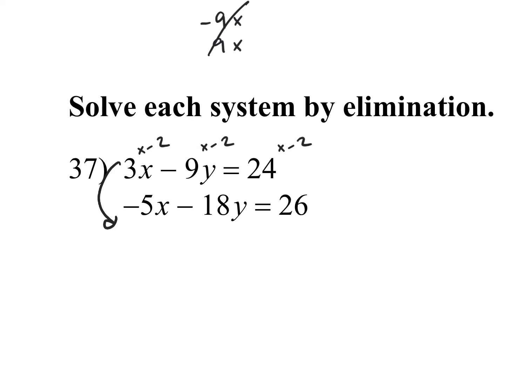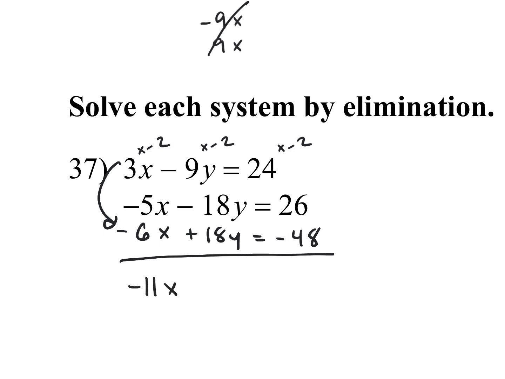So my new first equation is going to be negative 6x plus 18y is equal to negative 48. Now I can combine them together. So negative 5x plus negative 6x is negative 11x. The y's cancel. And then what's 26 minus 48? Negative 22.